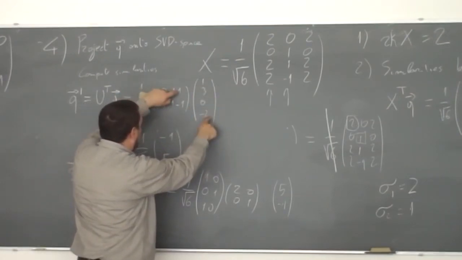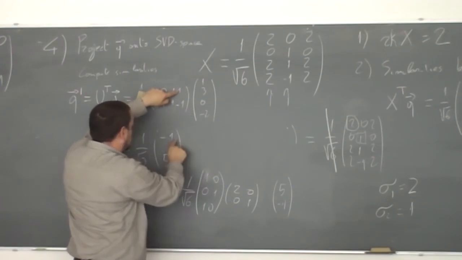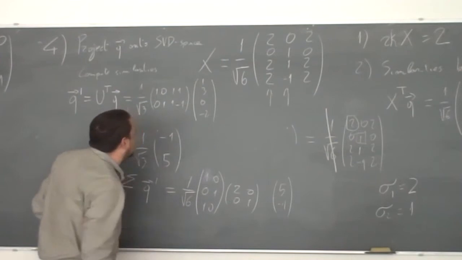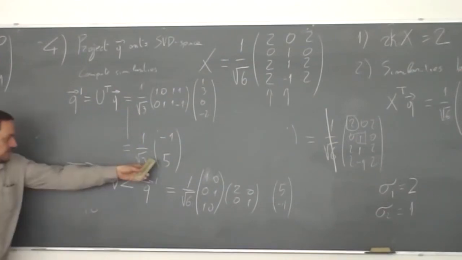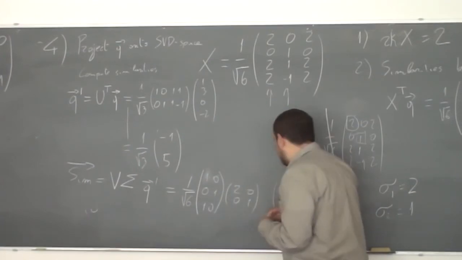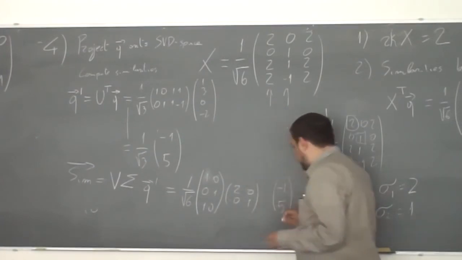1 minus 2 and 3 plus 2. Okay, so this should be the final result. So also here, minus 1 and 5.